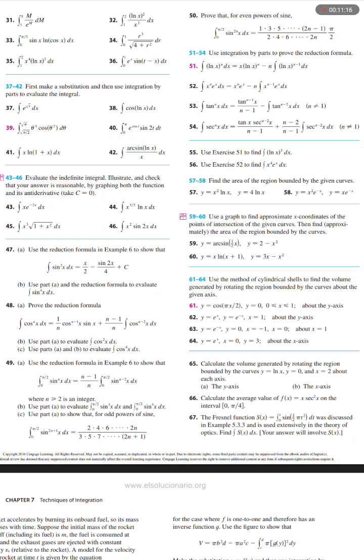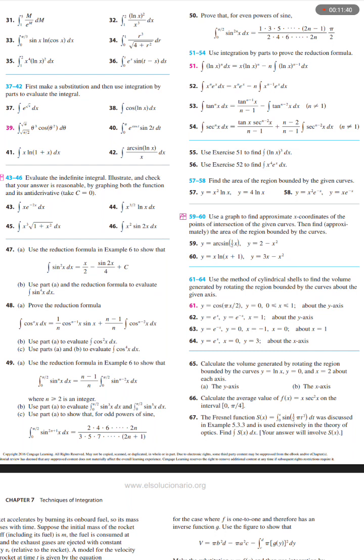Part B, use part A to evaluate the integral from 0 to pi over 2 of sine cubed x dx and the integral from 0 to pi over 2 of sine to the fifth power x dx.